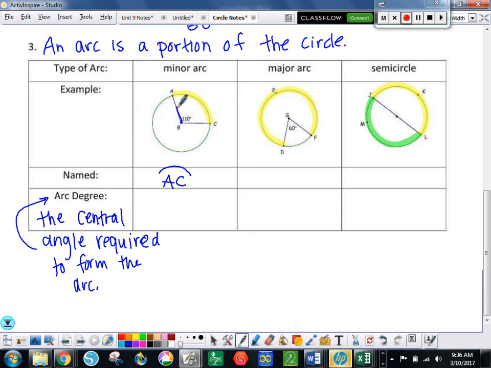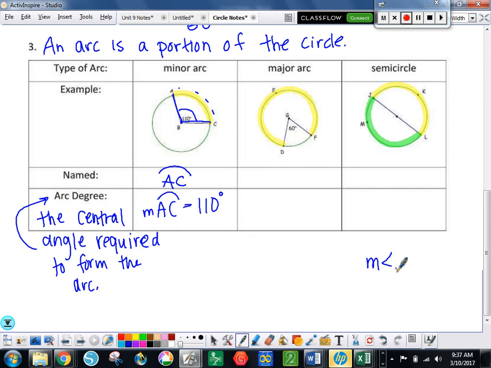And when you have the two radii right here, this is called the intercepted arc. So it's the piece of the arc that those two radii will intersect, right? The central angle is the angle that the two radii form. So in this case, the arc degree. The notation for that is the measure of the arc is 110 degrees. So the little m, when you see the little m in front of things, you've seen it in front of angles before. That's just the measure of the angle. Any questions with that one?